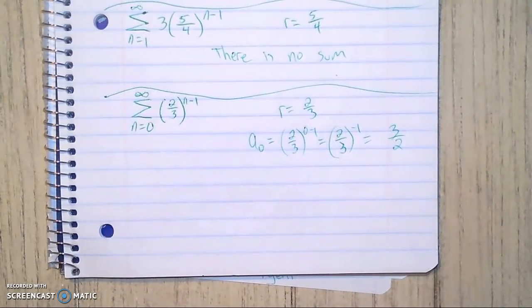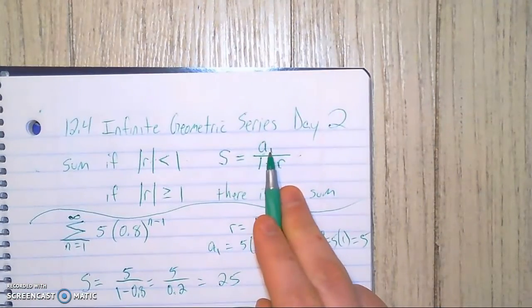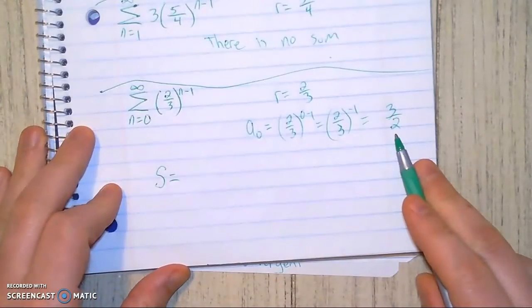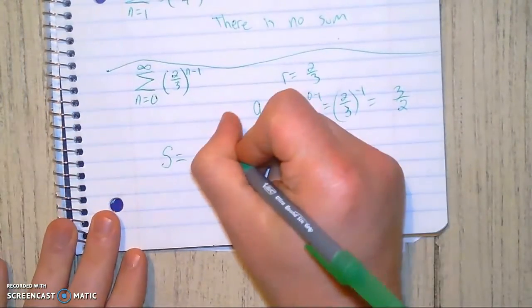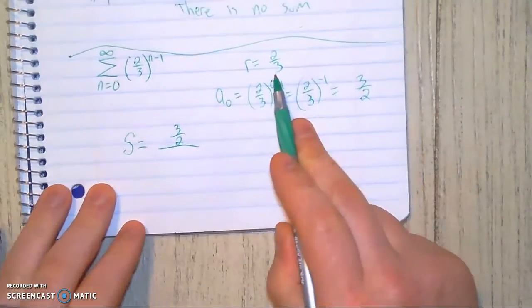So a sub 0, the first term of our series, is 3/2. That brings me to the sum equals. I'm going right back up here. I'm going to put my first term, which happens to be the 0 term, 3/2, over, and then 1 minus the common ratio. And that's right here, that's 1 minus 2/3.